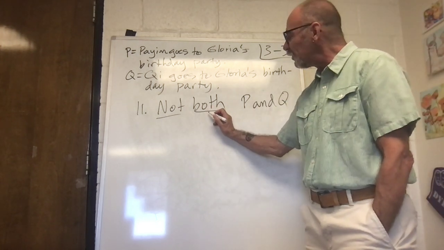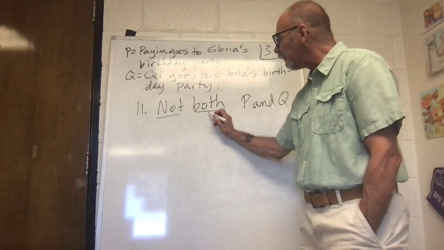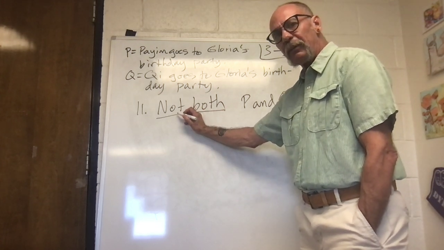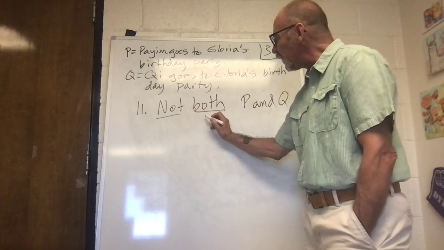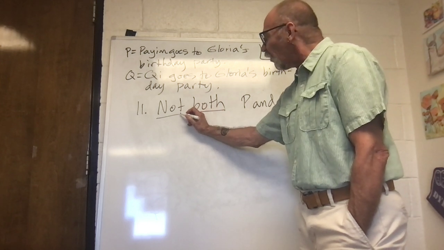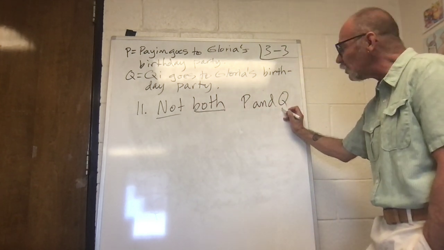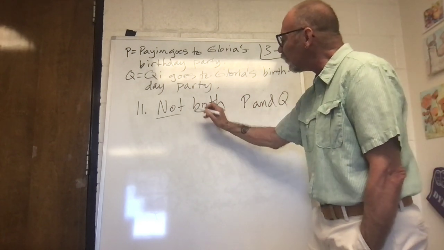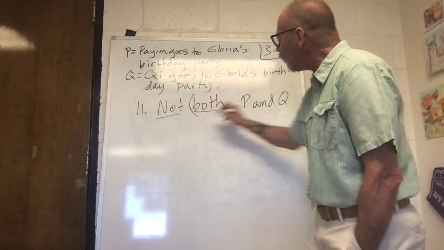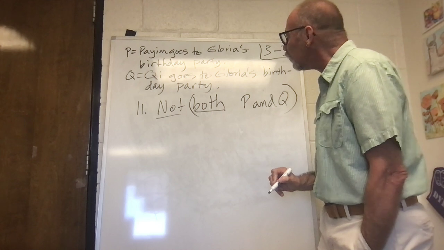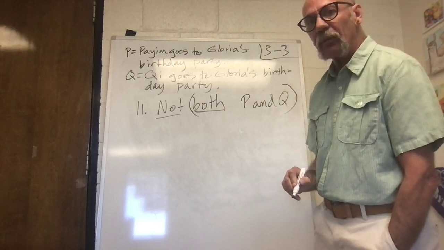"Both" is a way of expressing conjunction. "Not" immediately before "both" is telling us that it's false that this conjunction is true. In other words, "not both" signals the falsity of the conjunction expressed by "both".